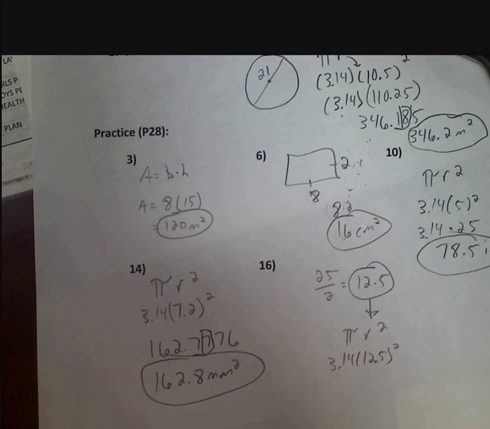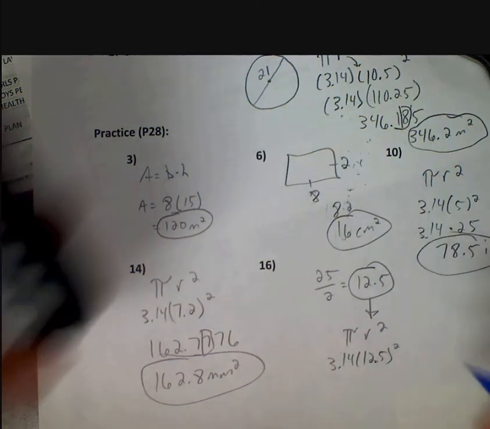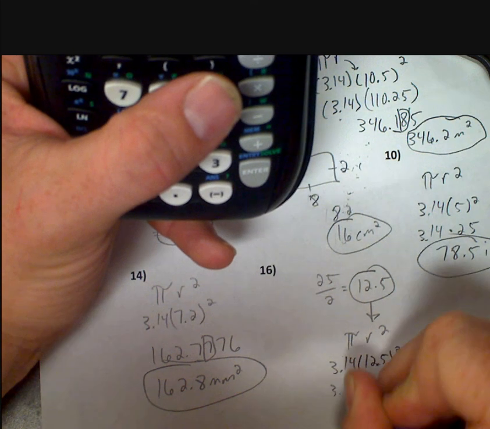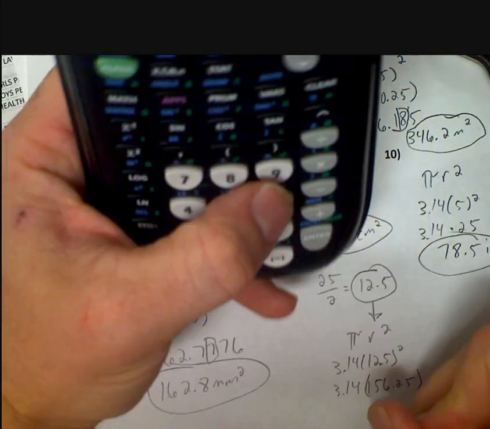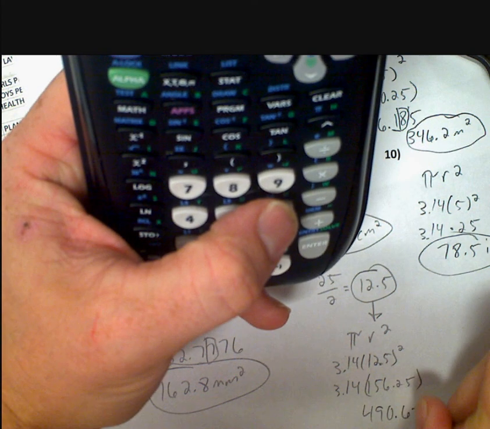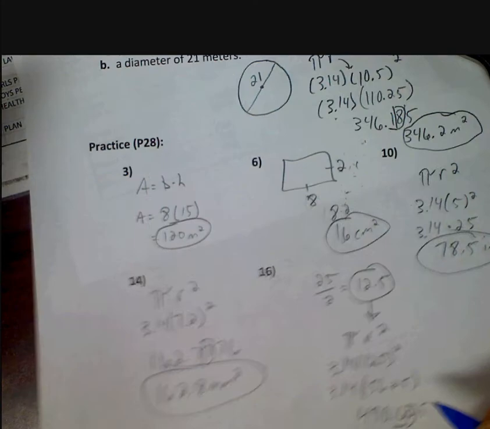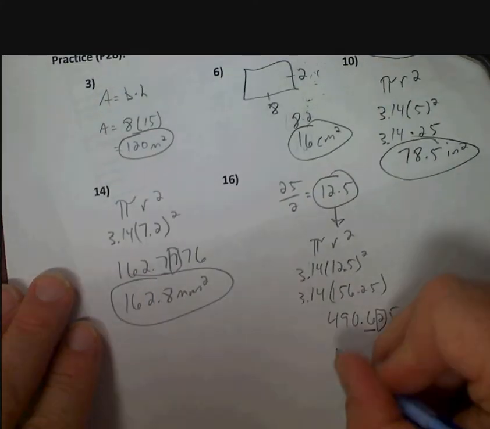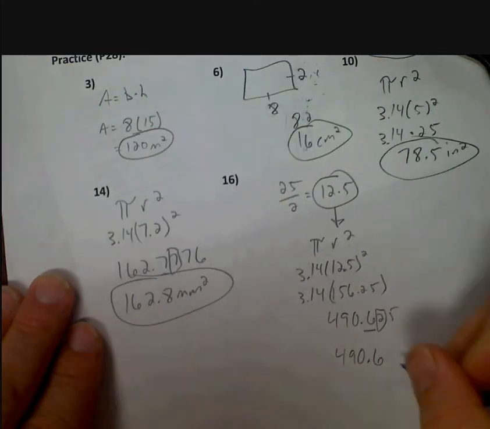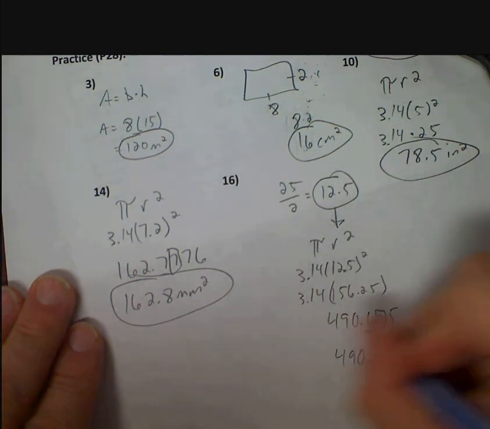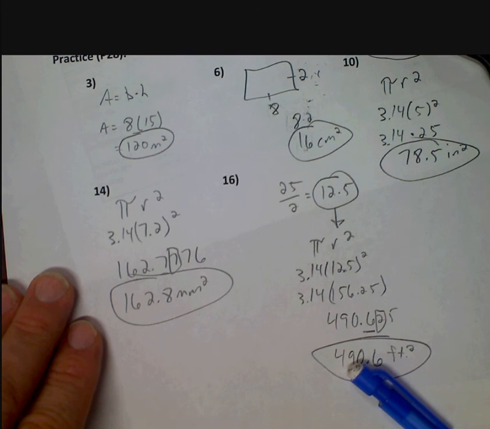So 12.5 squared is 156.25 times 3.14. And I get 490.625. The 2 makes the 6 stay. So I would have 490.6, and this would be feet squared. And we are done.